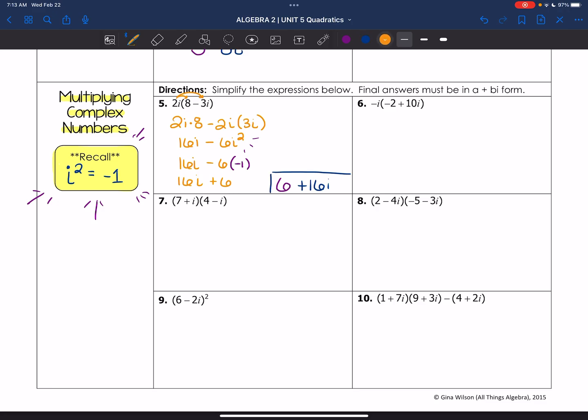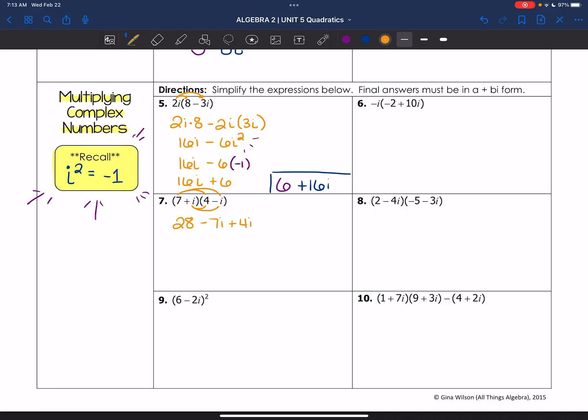This next one is double distribution, and let's see if we can do this a little bit more mental math style. 7 times 4, the first terms, that's going to be 28. 7 times a negative i is a negative 7i. i times 4 is a positive 4i.